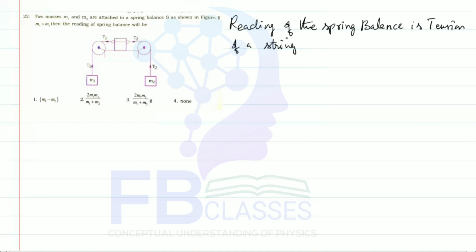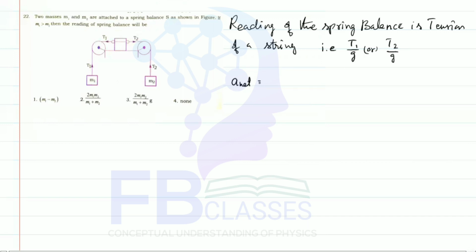Understand? So if you find out the tension, that only is the reading. Tension may be any tension, T1 or T2, anything will give the same answer. So the reading will be T1 by g or T2 upon g. Yes or no? So the reading will always be given by T1 by g.